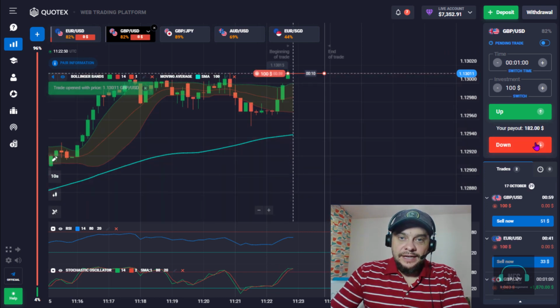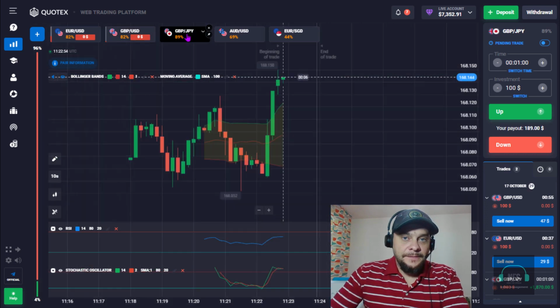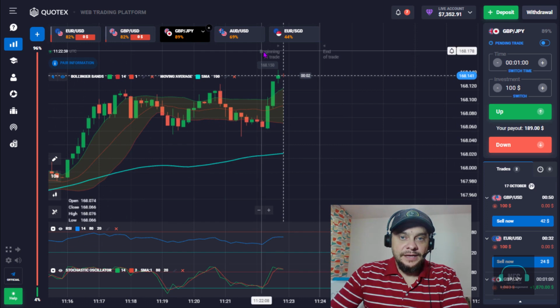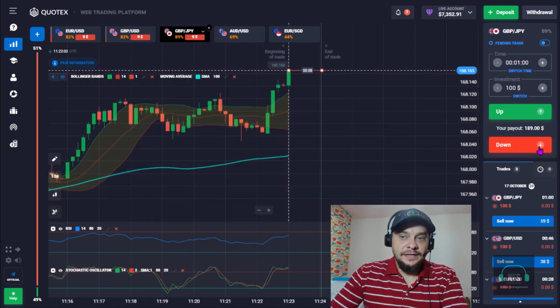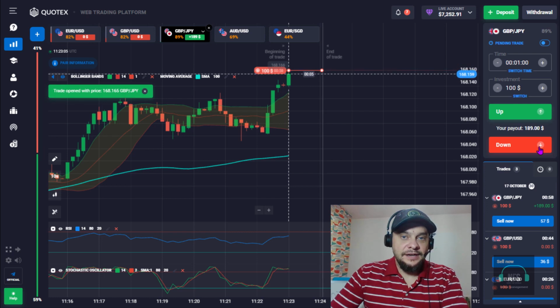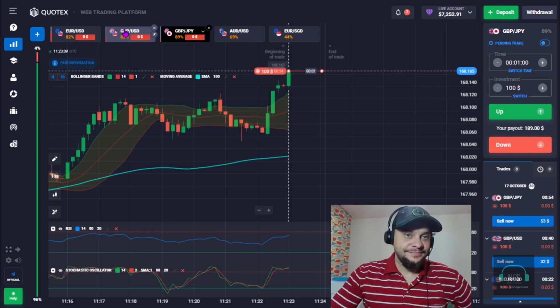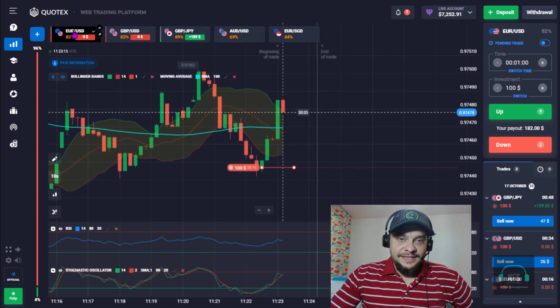Let's place a down trade here on GBP USD. Oh, and the price is going up again. Let's place a down trade right here on Euro USD, let's see.